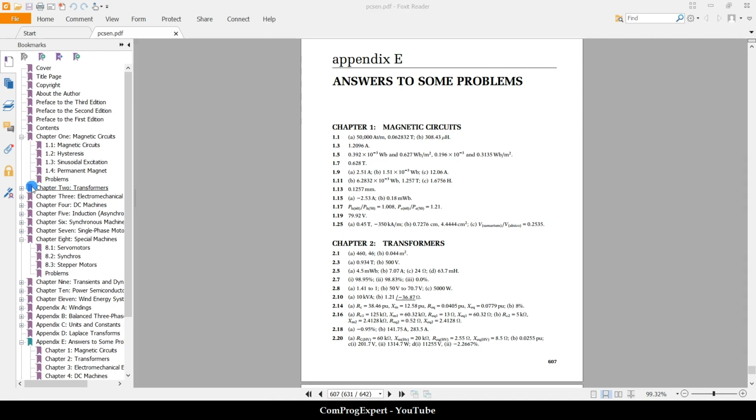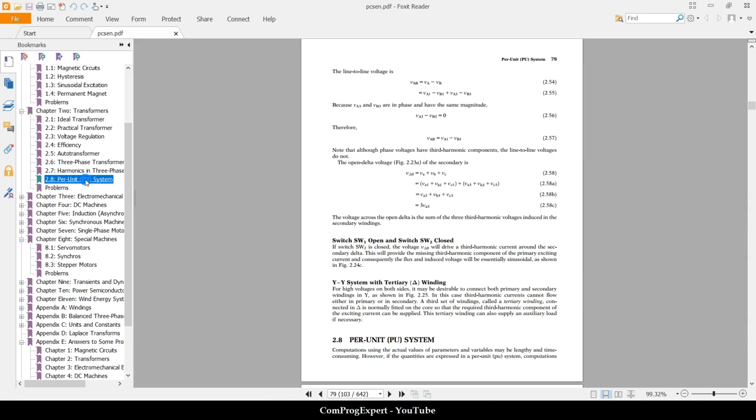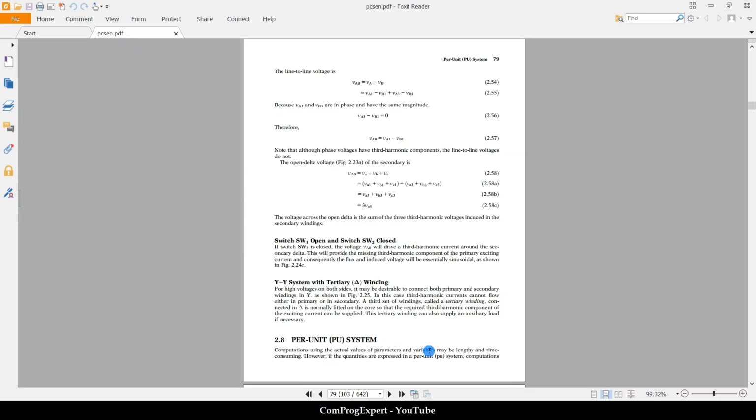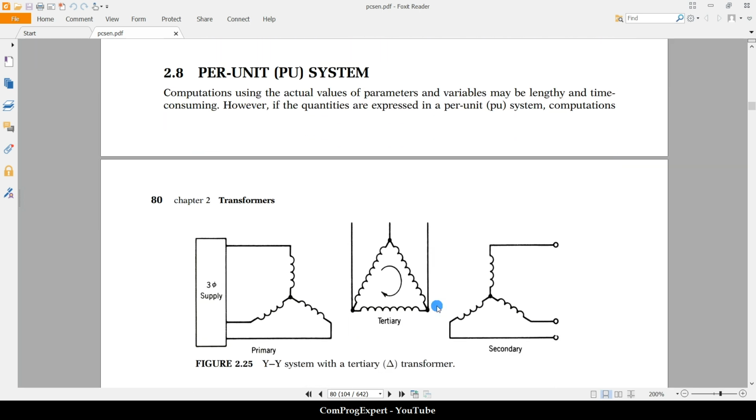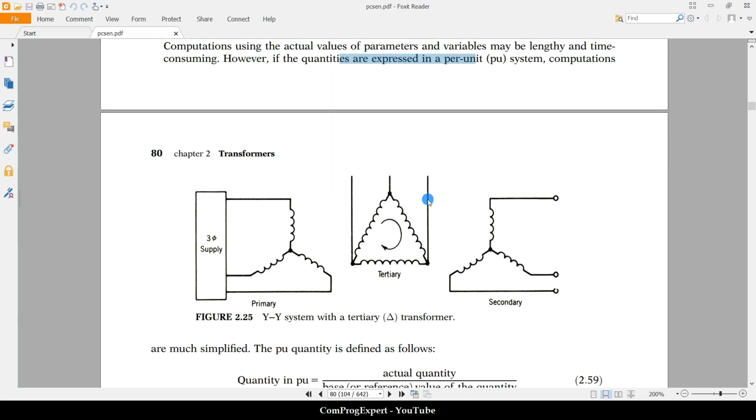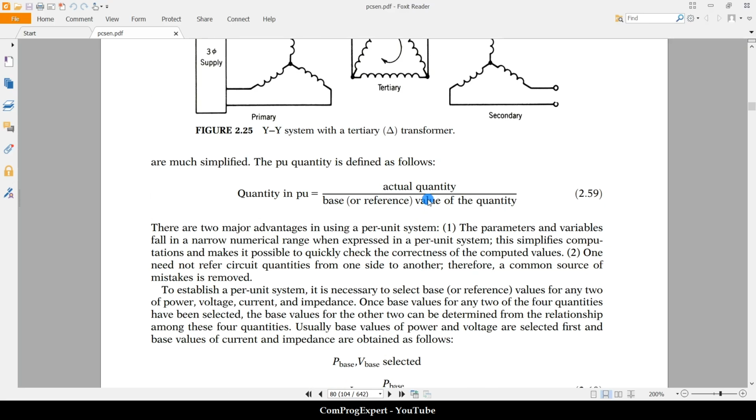Here in this section 2.8, we have a per unit system. Let's review definitions. Computations using the actual values of parameters and variables may be lengthy and time consuming. However, if the quantities are expressed in a per unit system, computations are much simplified.